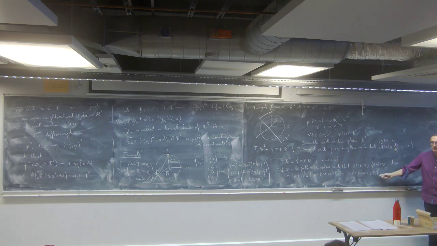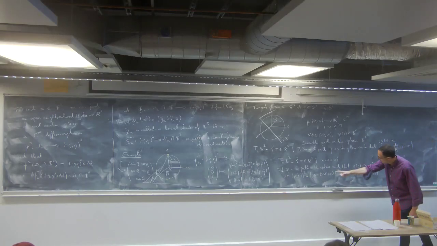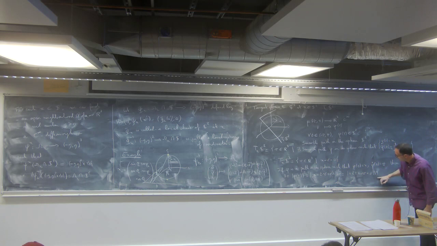This is correct for all t small enough. Then I get rid of the 1, and this gives me that x dot v has to be equal to 0.